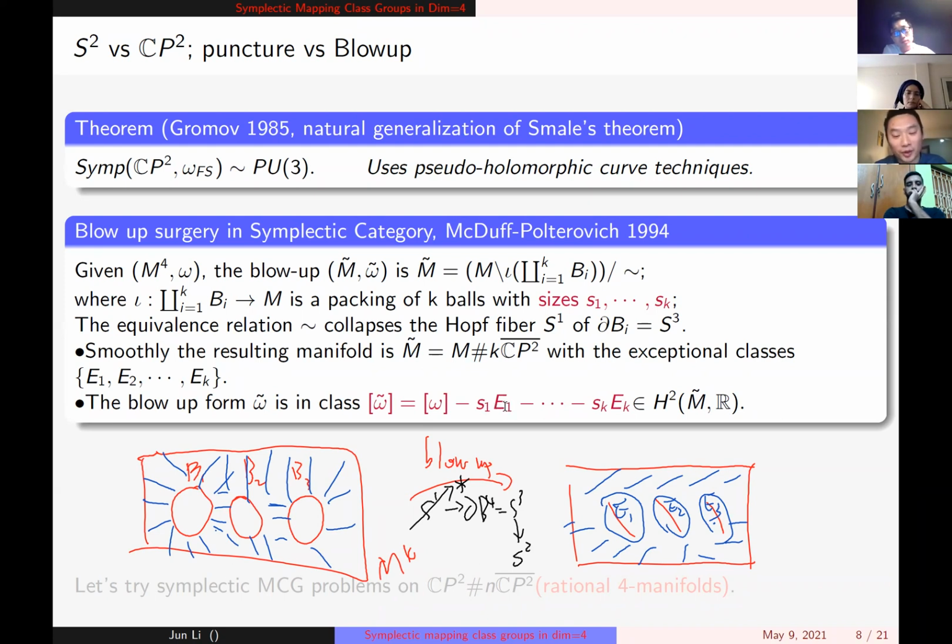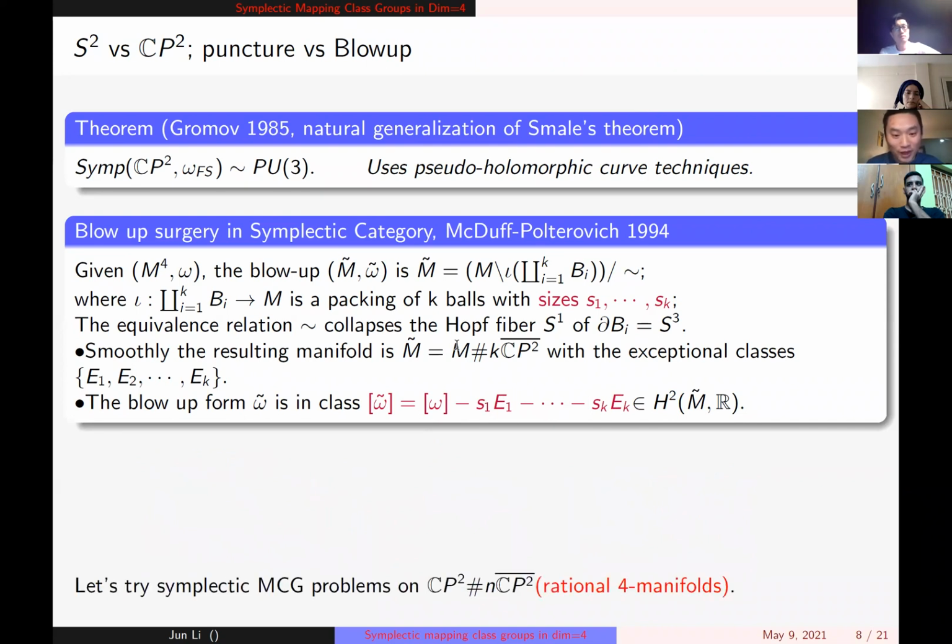Here I'm abusing notation, identifying homology with cohomology, but I think this notation makes sense. Now I will take these blowups as punctured S2s in 4 dimensions. Those are rational symplectic manifolds. Now let's think about these mapping class group problems for these guys.